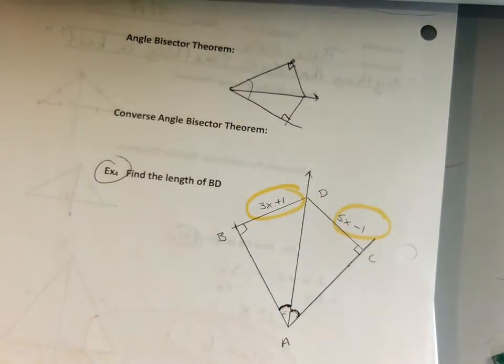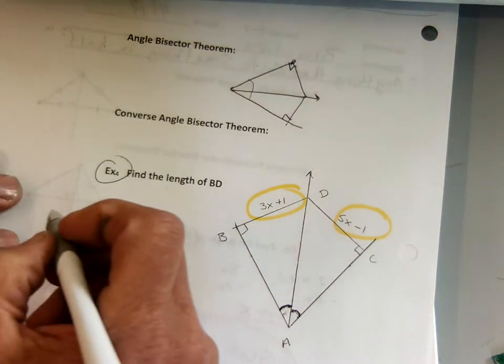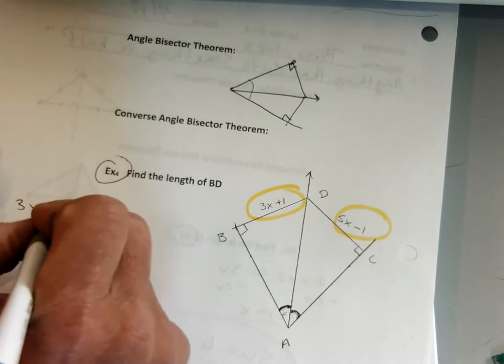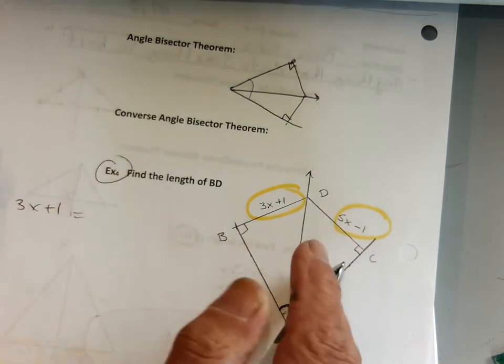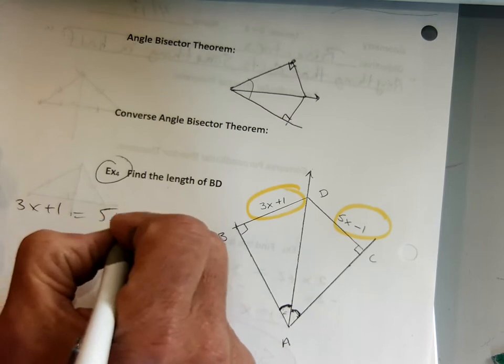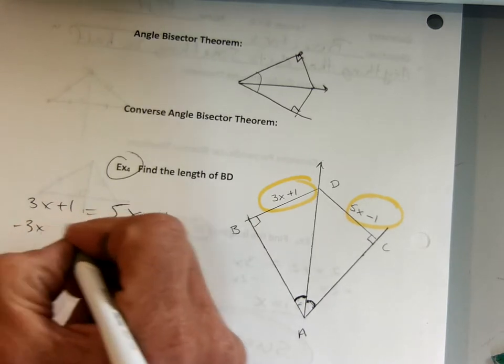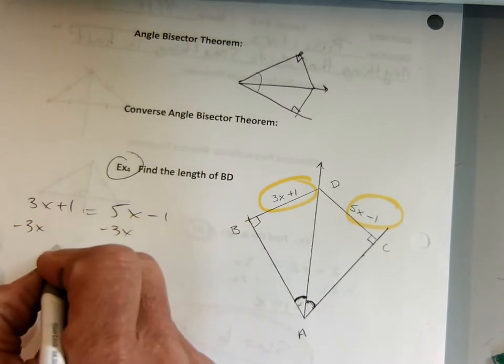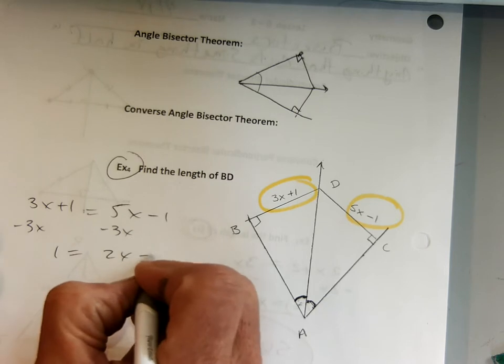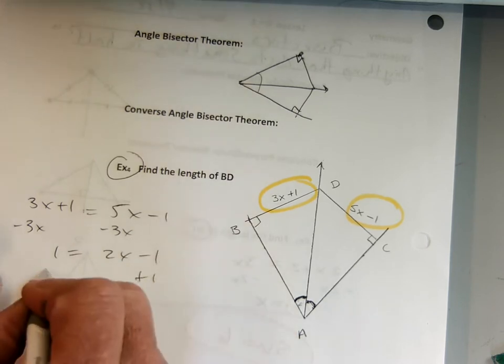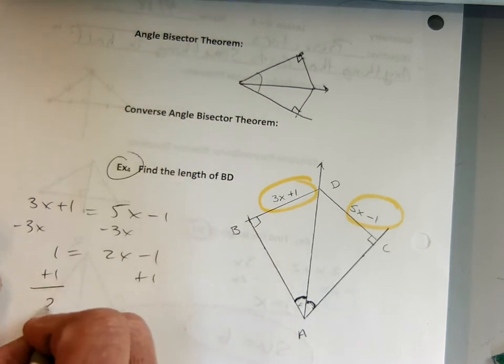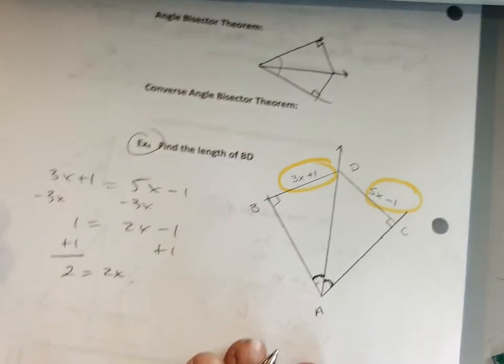All right, well, if they're equal, let's go ahead and set them equal to each other and solve. So I'm going to take my 3x plus 1, that's BD, equals my 5x minus 1, that's DC. And let's just solve for x. Minus 3x, minus 3x. 1 is equal to 2x minus 1, plus 1, plus 1. 2 is equal to 2x.